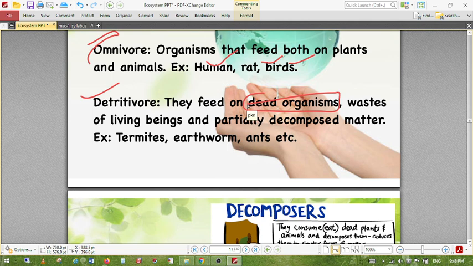For example, if you are spraying DDT as a pest killer, then the DDT is consumed by the green plants, and the green plants are eaten by the primary consumers, and they consume DDT in large amounts in their lifespan.